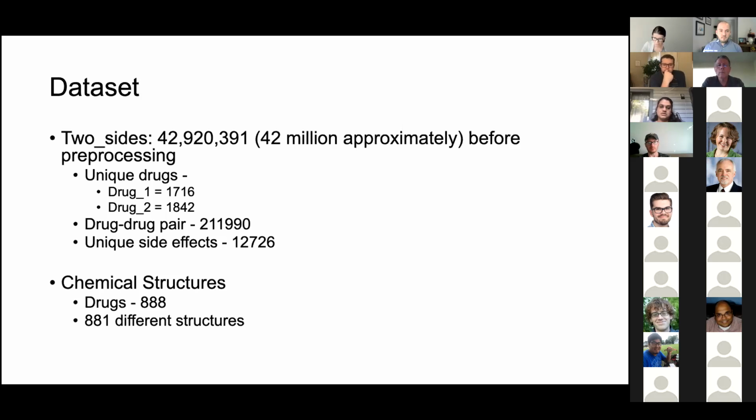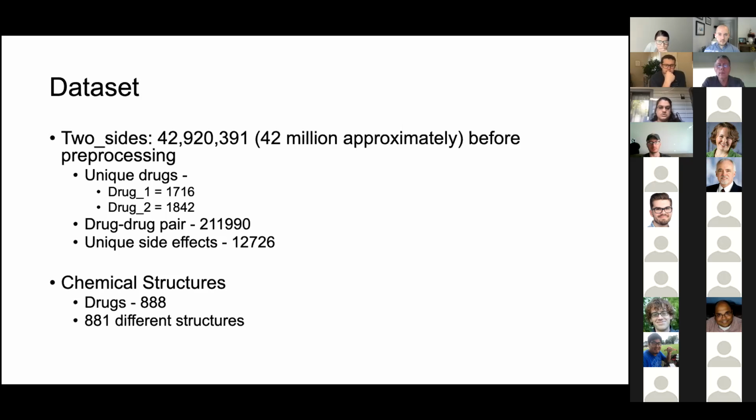The unique drugs in the drug 1 column were 1716, and in drug 2, there were 1842 drugs. One drug can repeat in either drug 1 or drug 2. The drug-drug pairs resulted in 211,990 observations, and those resulted in 12,726 unique side effects.